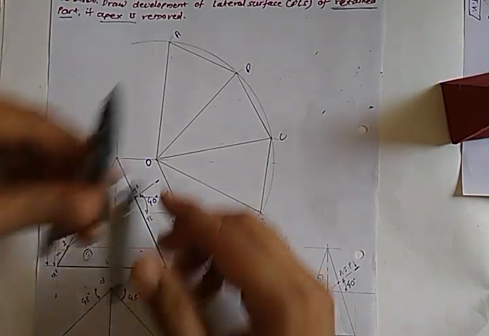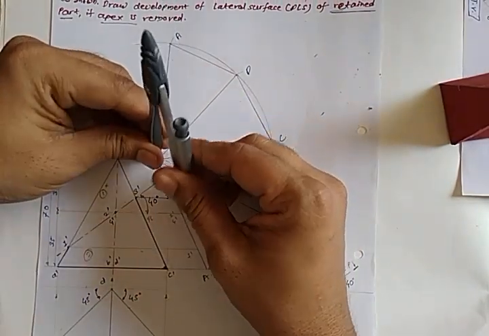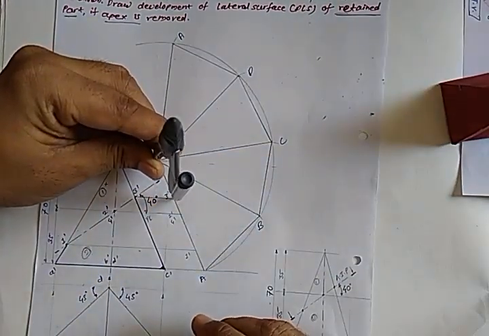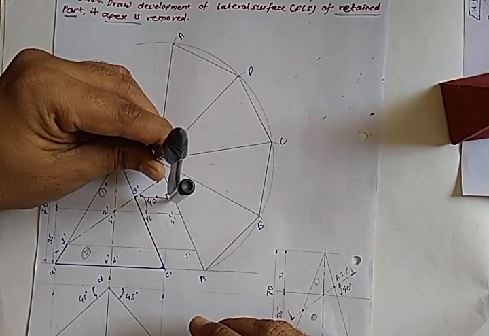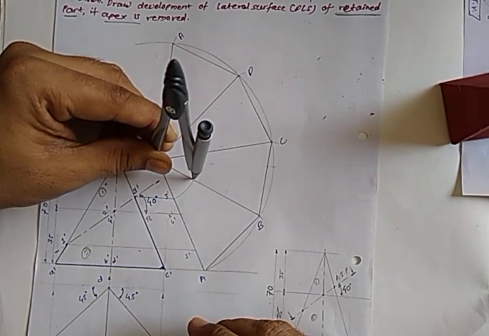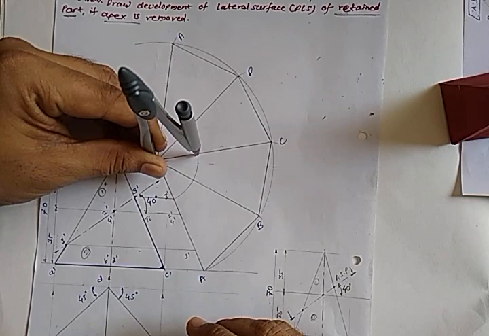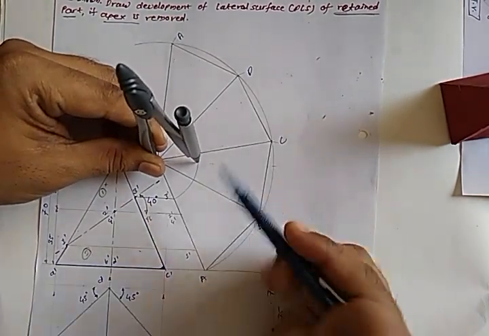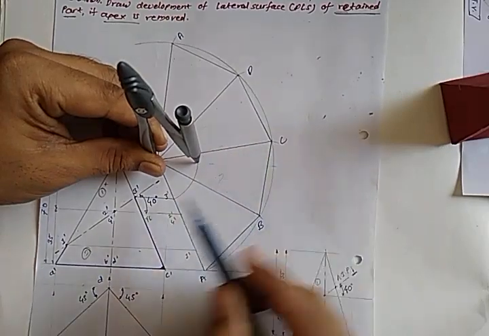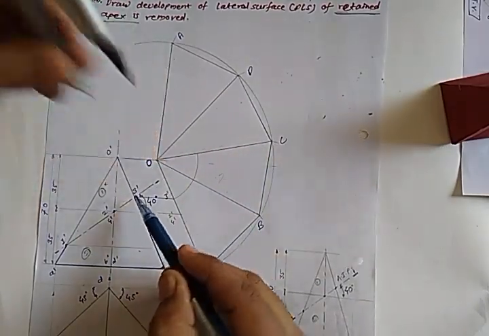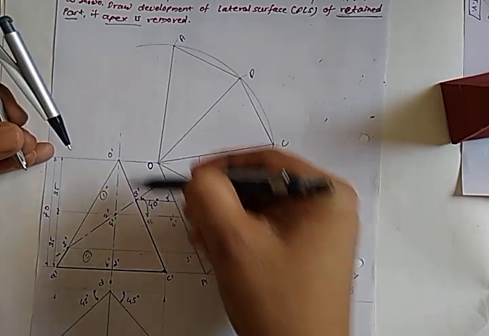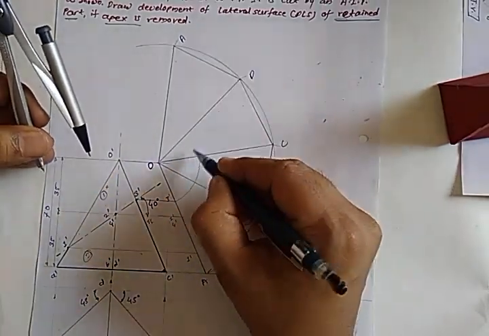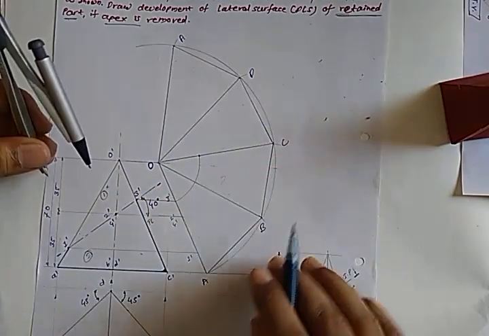Take this O as a center, take O to 3 dash as a radius. See where I am keeping the compass, and draw one arc up to the generator of C. As this point 3 is on this generator of C, you need to draw the arc up to the generator of C. You can mark this point here.